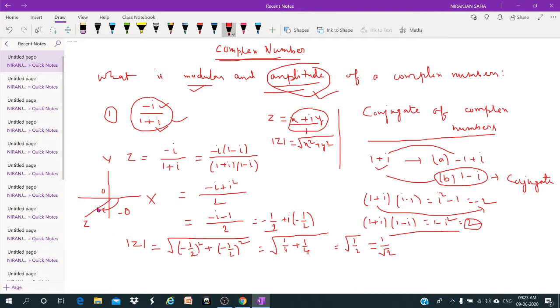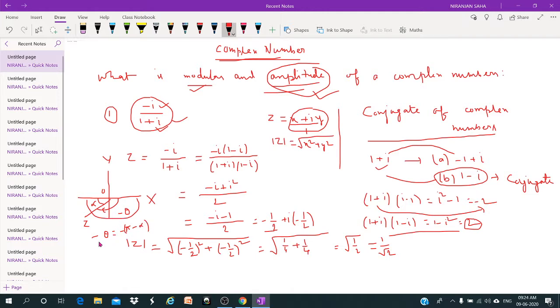Minus should be taken for the clockwise direction. How can we find this? If we take alpha as the angle with the axis, then we have to take pi minus alpha. So minus theta will be equal to minus of pi minus alpha.